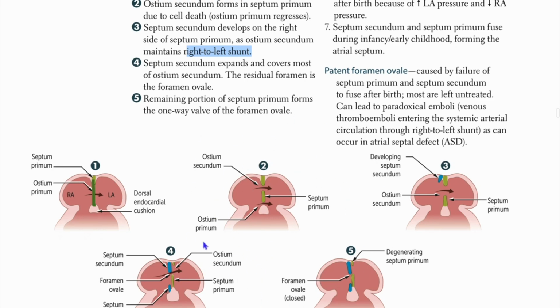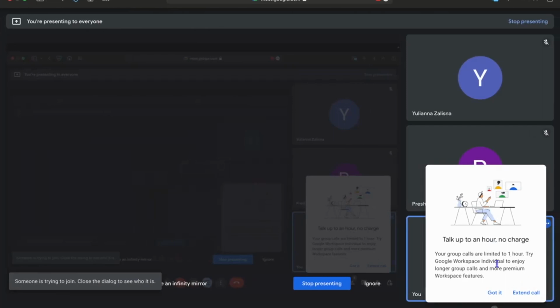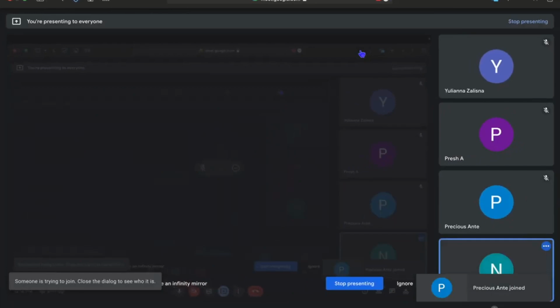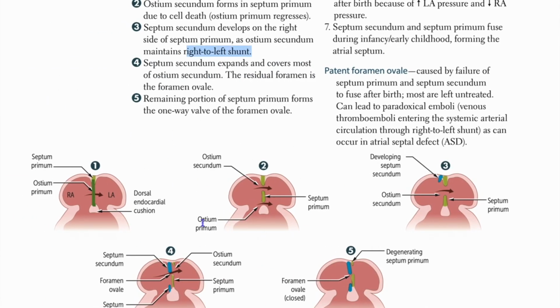The majority of the blood coming in is from the superior vena cava and the inferior vena cava. The force of that builds the right to left shunt for now, until the baby is born, and then there's less resistance in the lungs and there's left ventricular mass, the muscles that will work as well. That will change the polarity of the shunt. But for now, it's going to be right to left shunt.